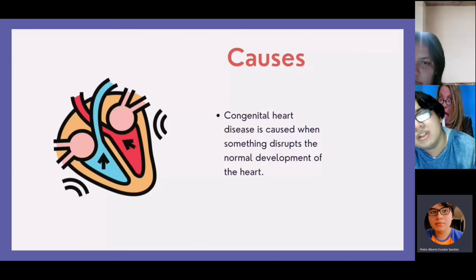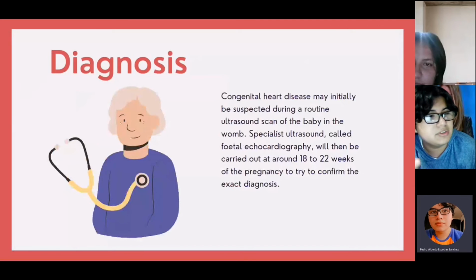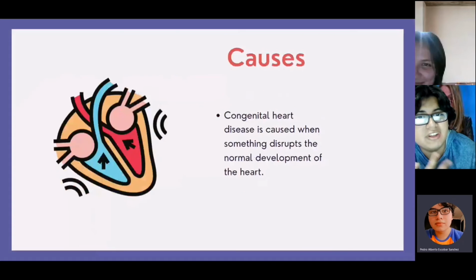If a pregnant woman drinks too much alcohol during pregnancy, it can have a poisonous effect on the tissues of the fetus, and this is known as fetal alcohol spectrum disorder. Children with this disorder can have congenital heart disease, such as atrial or ventricular septal defects.